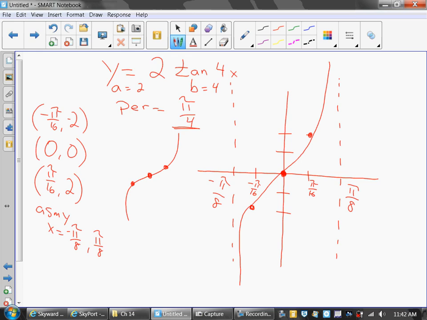Yes, it is vertical. X equals a number is always a vertical line, and your asymptotes, when you draw them on your graph, will always be dotted. Okay? And that's what a tangent function looks like. Once again, to get your asymptotes, just multiply the period by 1/2, and that'll give you your asymptotes. And put a plus minus on it. Okay. Not so scary?